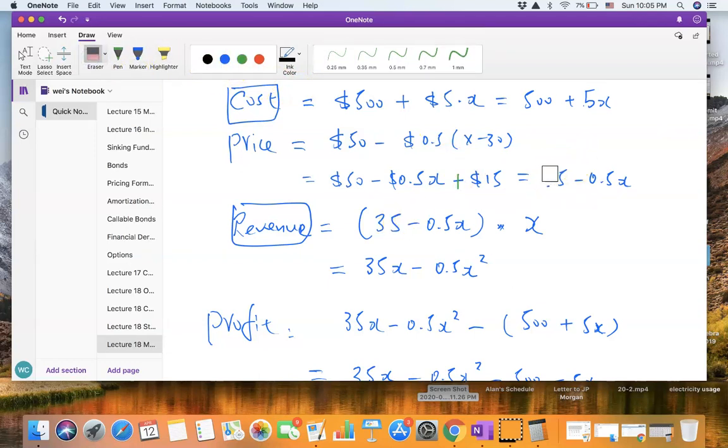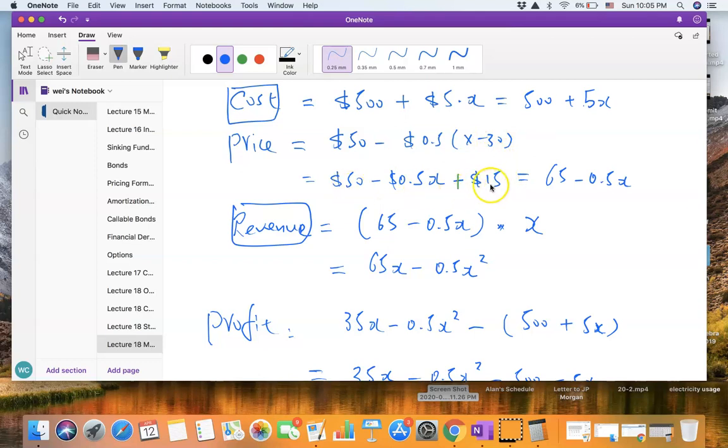This should be 65, because this is minus 0.5 times minus 30, and minus times minus is positive, so that's why this is a positive 15.